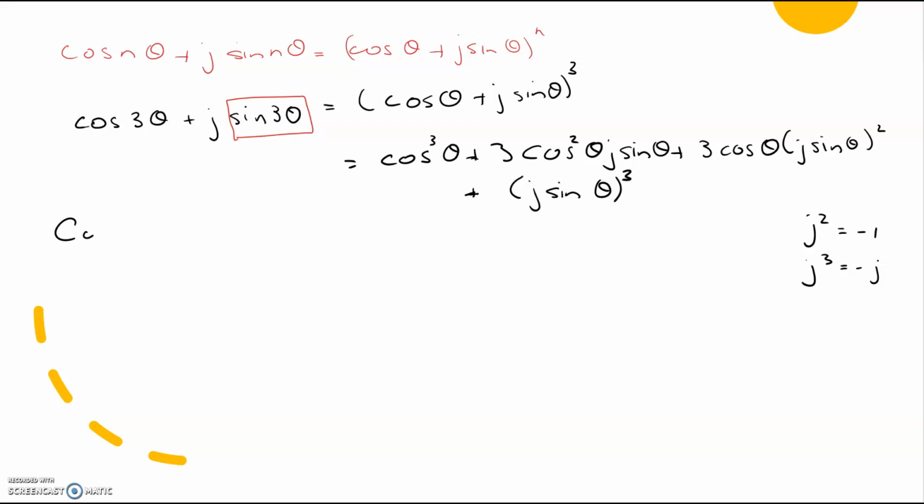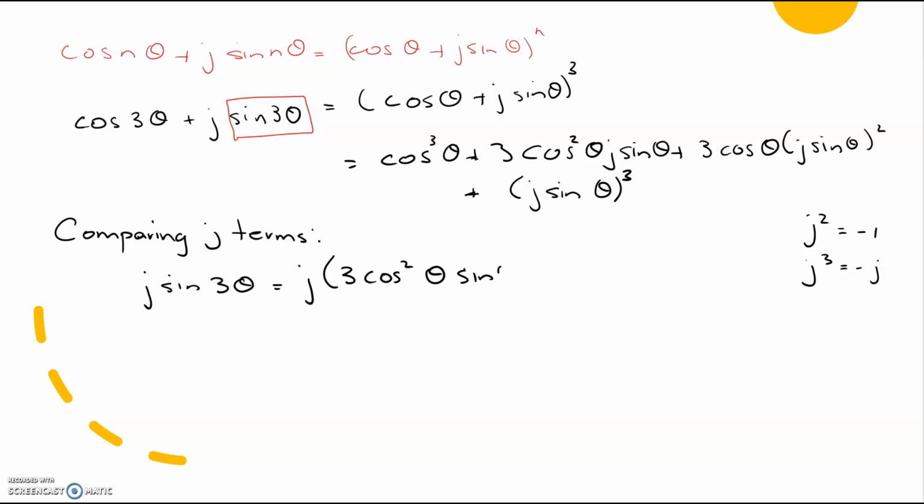Now, what we've got is we've got to just find the j term. So we're comparing the j terms. So we've got j sine 3 theta. Okay, so we've got j times 3 cos squared theta sine theta.